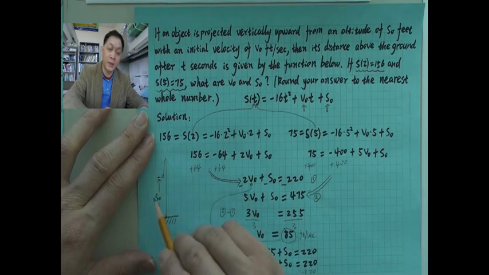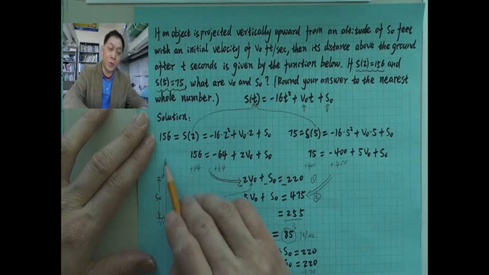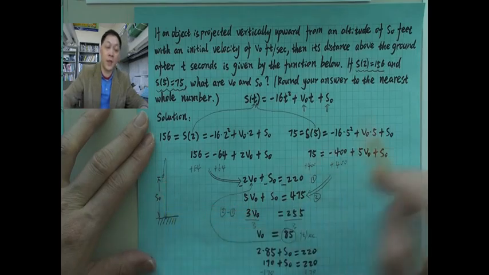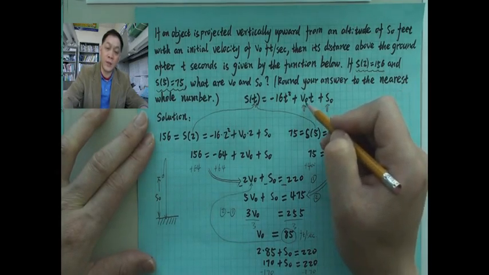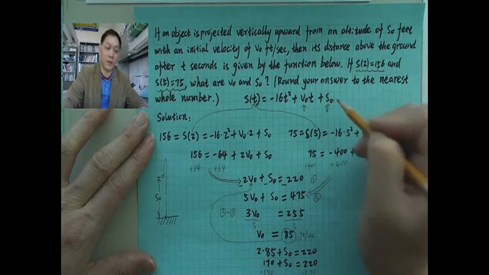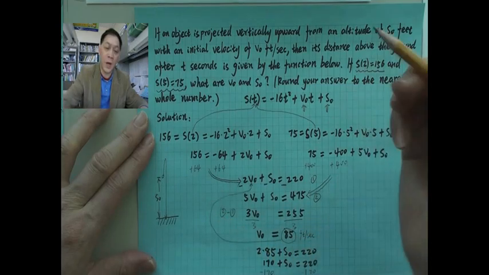You throw the object not in a very powerful way, then the initial speed might be smaller. Anyway, we want to find out this initial speed and also this initial place, how high it was when the object was thrown up.